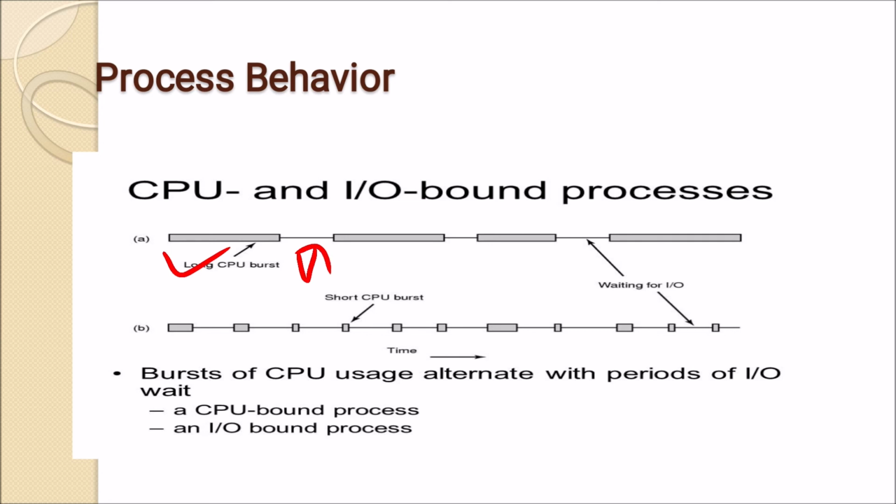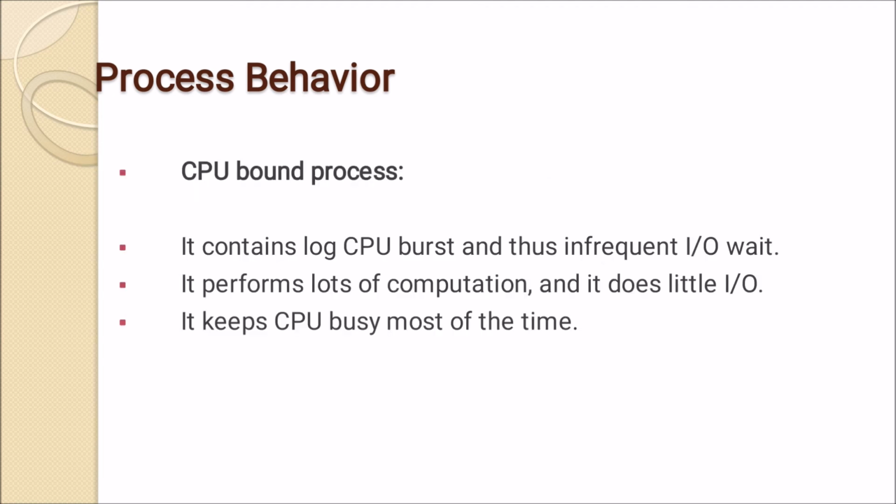In an IO bound process, there is a small CPU burst time and long input output waiting time. So bursts of CPU usage alternate with periods of input output wait.